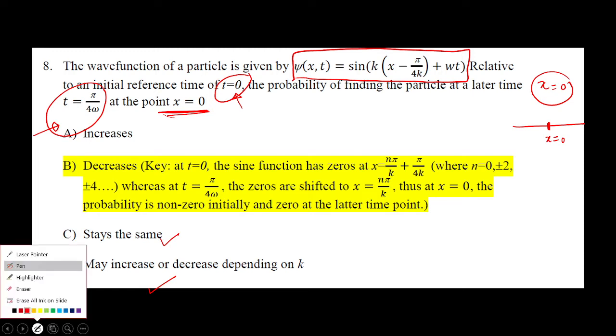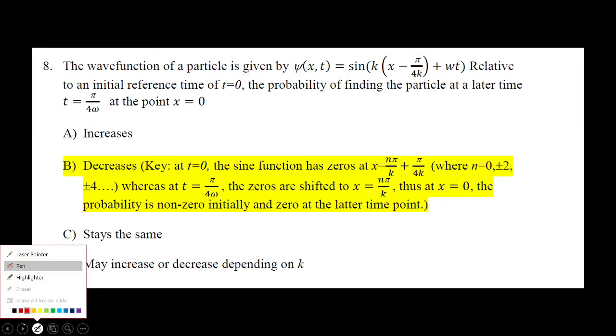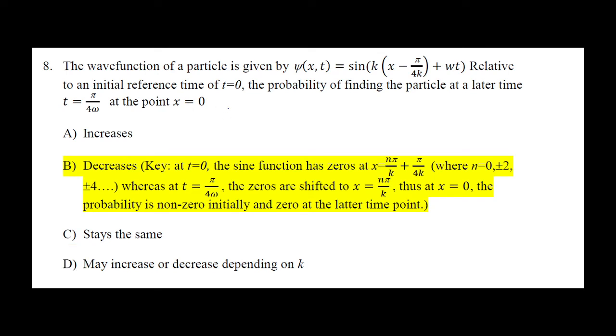So what can we do over here? What is probability actually, and how can we find it? Probability is the integral from minus infinity to plus infinity of psi star psi dx. That's how we find the probability. The equation is a function of time and position, and it is trigonometric, basically a sine wave function.